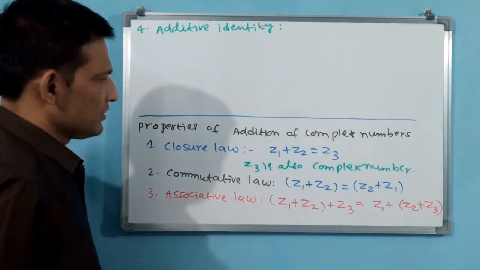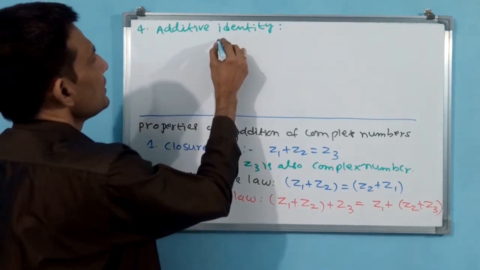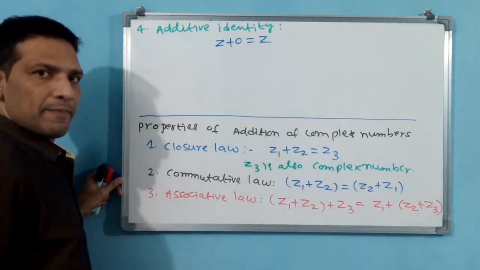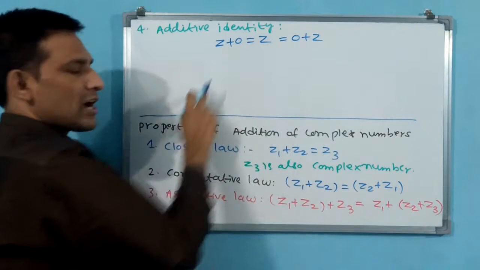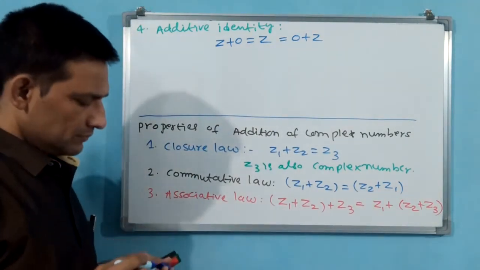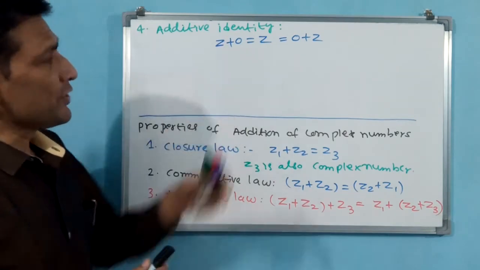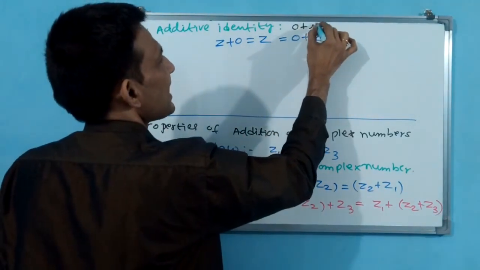See now how I am writing. Z plus 0 is equal to Z, that is equal to 0 plus Z. Here this is 0, not O. Then how can you write additive identity? You can write 0 plus i0.